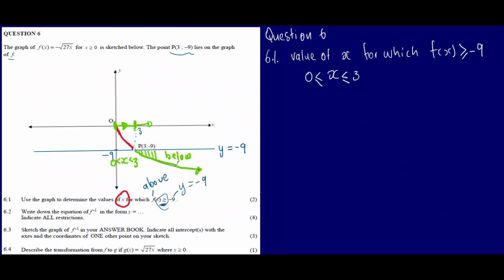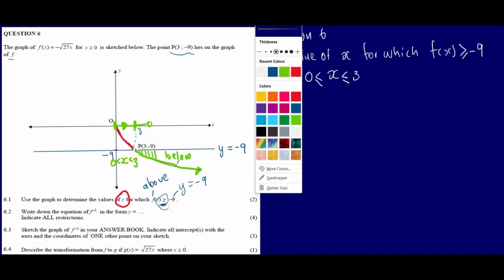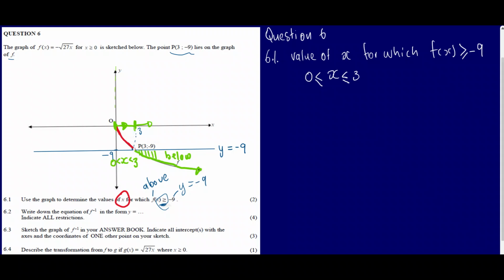So be careful next time, because this was a parabola. A parabola does not have an asymptote at x equal to 0. It's a log function that has an asymptote at x equal to 0. So we would not necessarily include the 0 if it was an exponential graph, right?